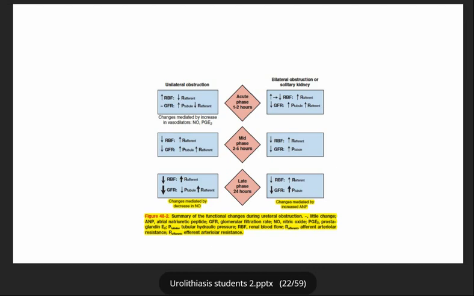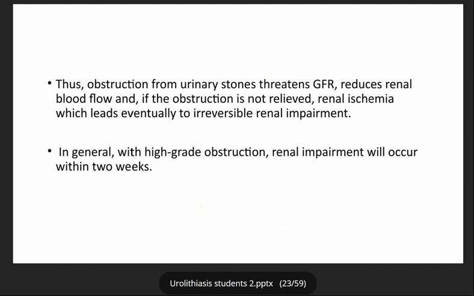The GFR will be maintained initially. But in bilateral obstruction, the GFR will decrease more rapidly and the effect will be faster compared to unilateral obstruction. Usually the kidney can stand about 2 weeks of obstruction until it develops kidney failure.